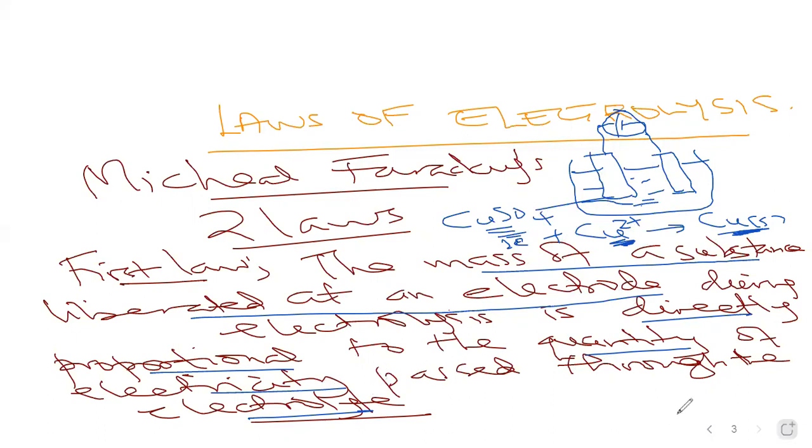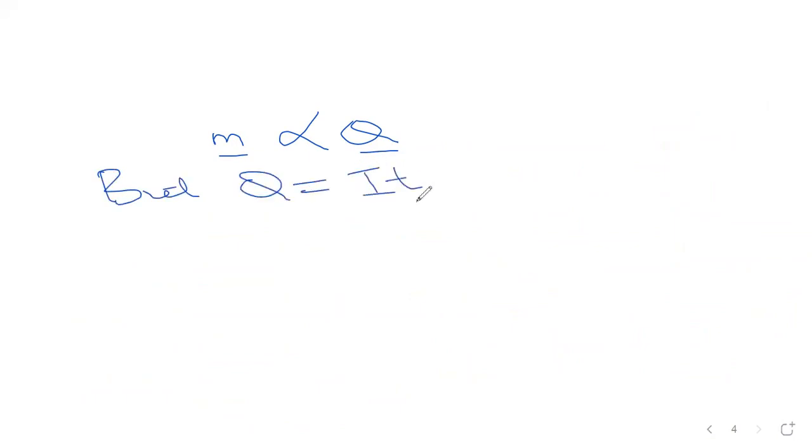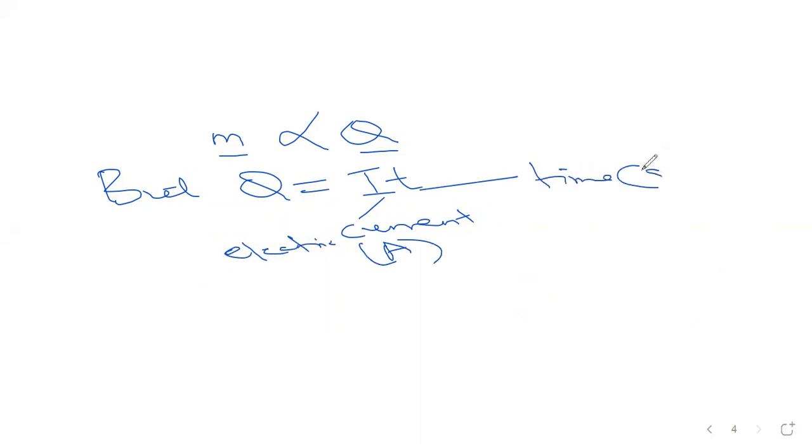What's the mathematical implication of this? If M represents the mass of substance deposited and Q represents the quantity of electricity, then the mass of the substance deposited is directly proportional to the quantity of electricity Q. But from your physics, you are aware that Q is equal to I times T, I being electric current in amperes, and T being time in seconds. Are we together?